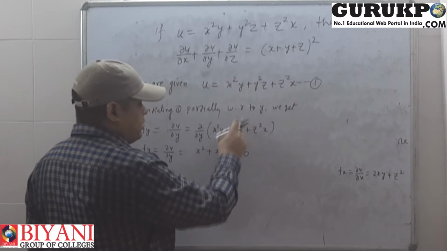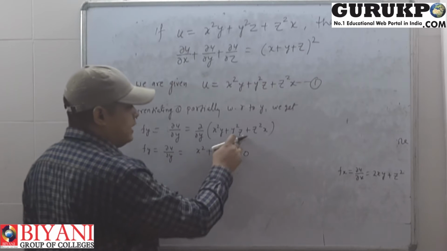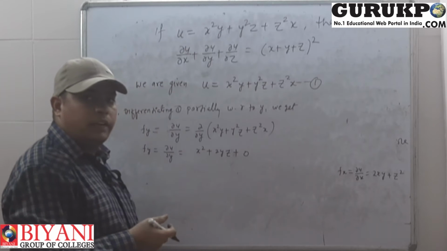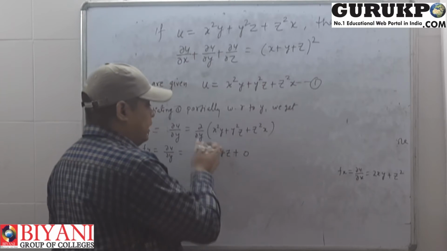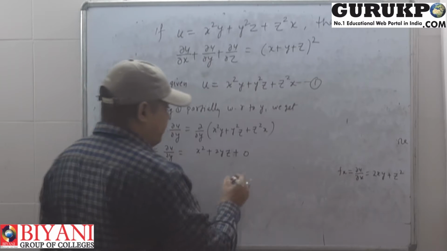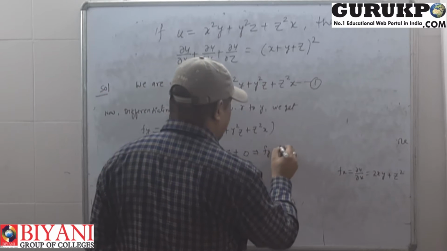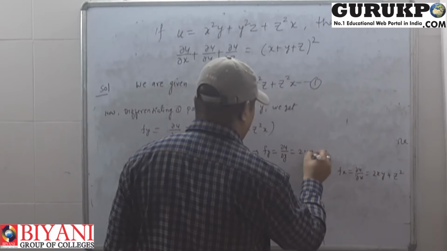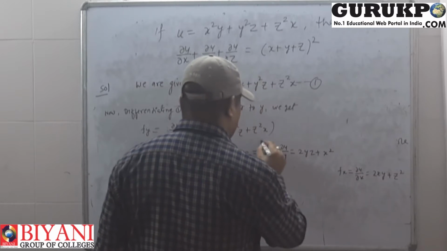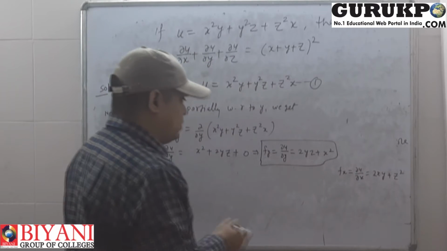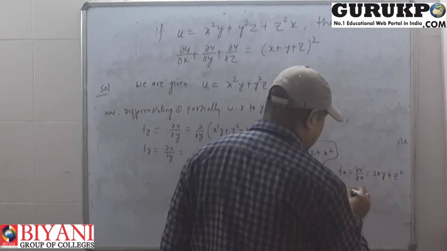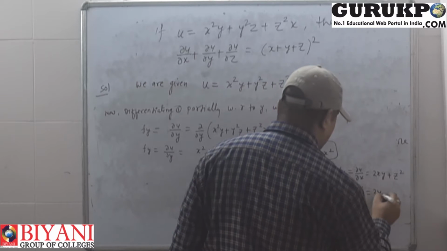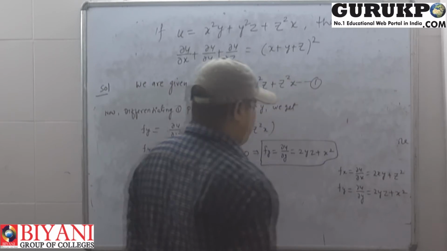Here the partial differentiation of y square is 2y and z remains the same, and finally z and x are the other independent variables, therefore they will be taken as constants and the derivative will become 0. Thus we have f of y, del u by del y, which is 2yz plus x square. So we will put here f of y, del u by del y, equal to 2yz plus x square.